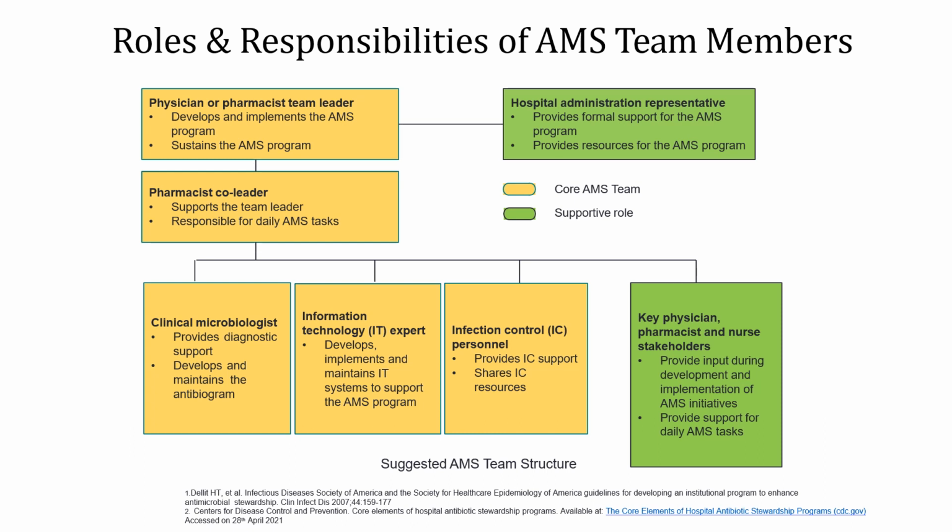The hospital administration provides formal support to the AMS program and provides resources. Pharmacist co-leaders support the team leader and are responsible for daily AMS tasks. The clinical microbiologists provide diagnostic support. IT experts develop, implement, and maintain the IT. Infection control professionals provide infection control support. The key physician, pharmacist, and nurse stakeholders provide input during development and implementation of the AMS.